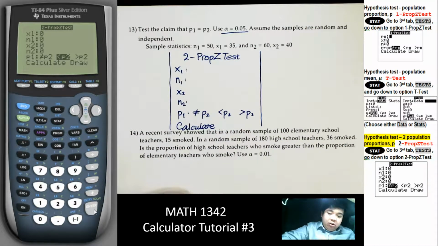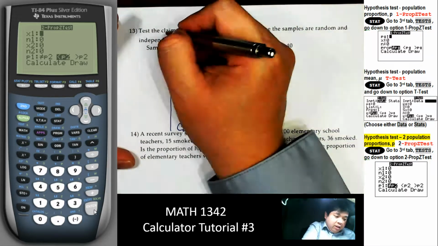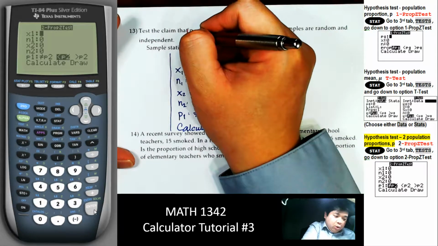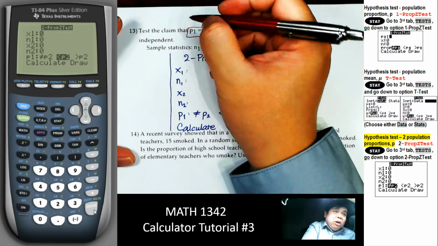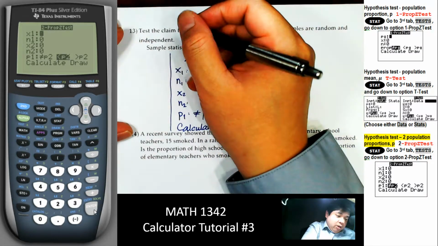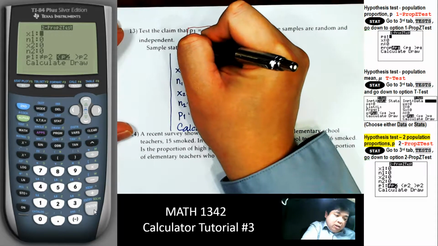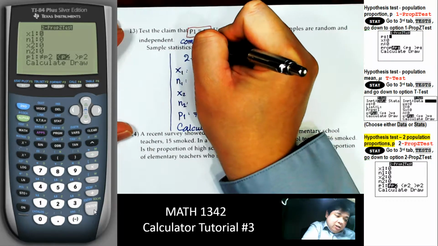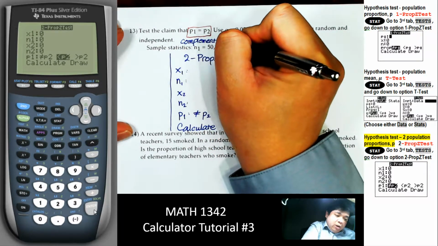Right, now when we look at the claim that p1 is equal to p2, that is going to be the statement and then the complement is going to be not equal to.